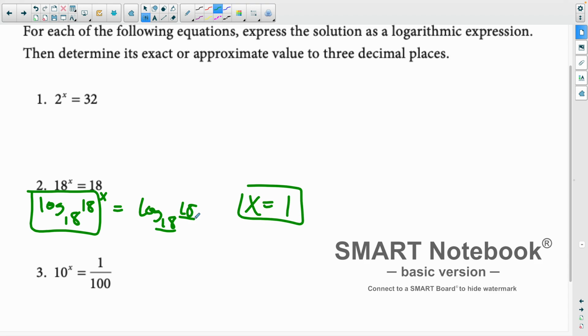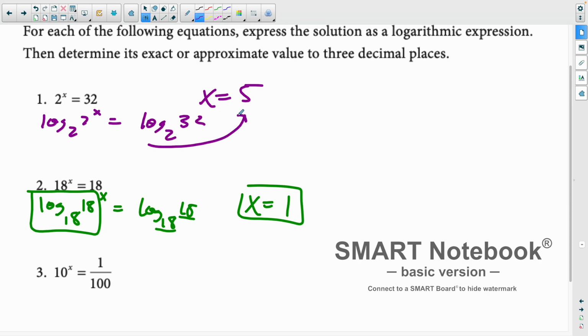Okay? What answer did you get for number 1? 5. X equals 5. All right? And because I would have done log base 2 of 2x there. And in my calculator, I would have put log base 2 of 32. That's how I got the 5. All right? How about number 3? What'd you get for number 3? -2.